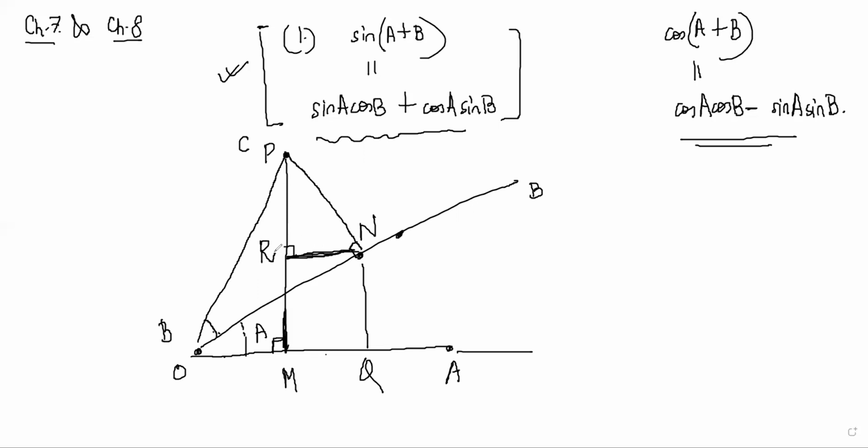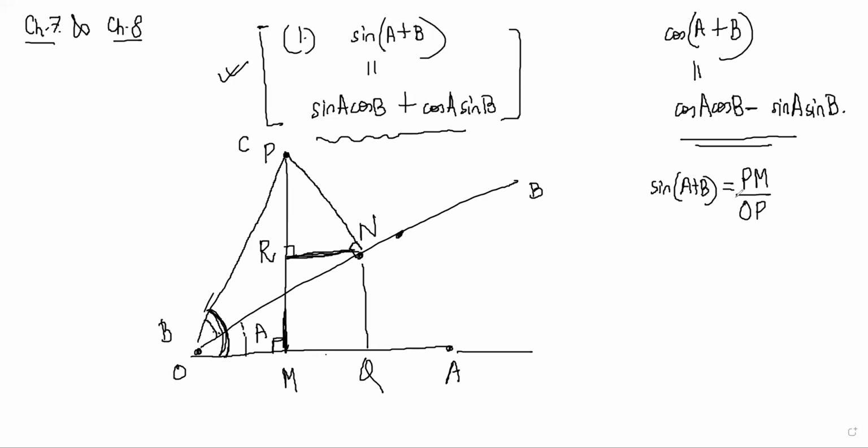So now what I want to do here is somehow get the sine of the overall angle. So sine of the overall angle is clearly going to be equal to perpendicular by hypotenuse, no? So PM by OP is going to be my sine.